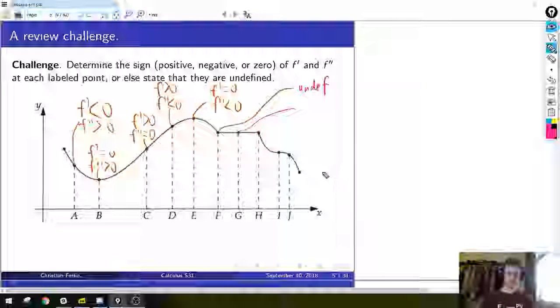Okay, how about G? It's going to be 0, and the second derivative is going to be, let's see, 0. Yeah, it has to be 0 as well, because this is just flat at this point. Good. So I think similarly it should be undefined here because there's a kink. Here it looks like the tangent line is horizontal and it's also inflecting, so it's changing from opening up to opening down.